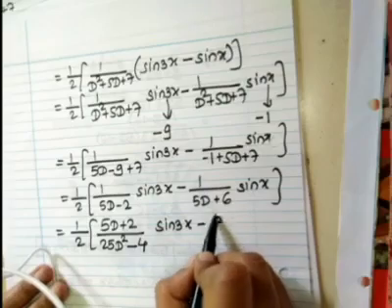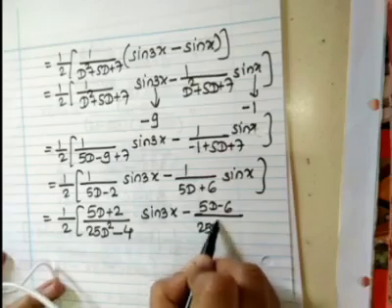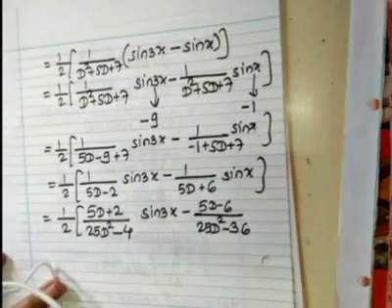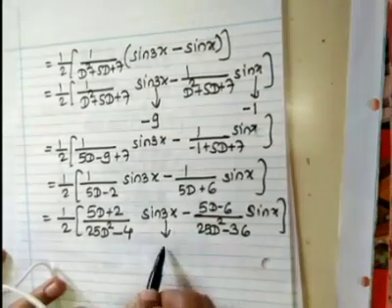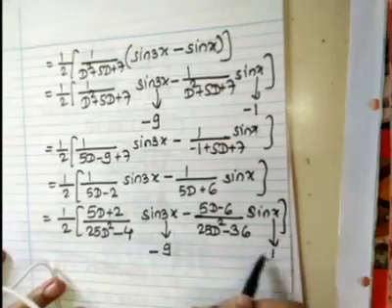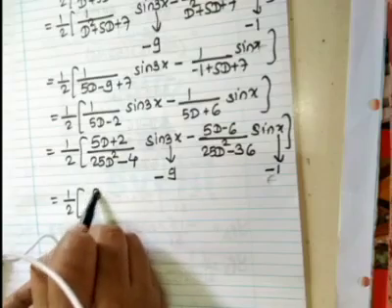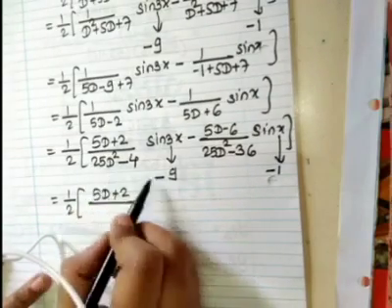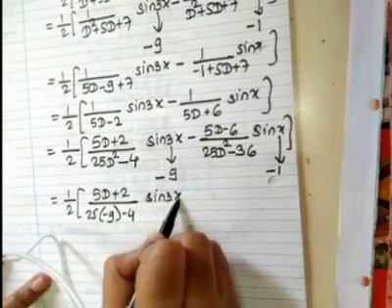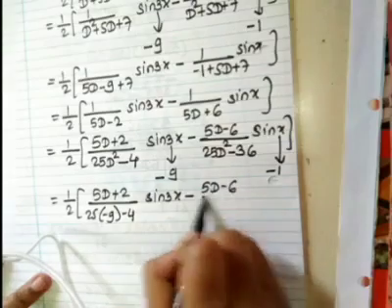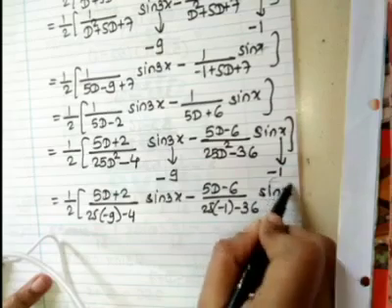Here rationalizing by 5D minus 6, we get 25D square minus 36 on sin x. Now there is D square, so square negative sign, again square negative sign. Substitute, we will get 5D plus 2 upon 25 into minus 9 minus 4 on sin 3x, minus 5D minus 6 upon 25 into minus 1 minus 36 on sin x.